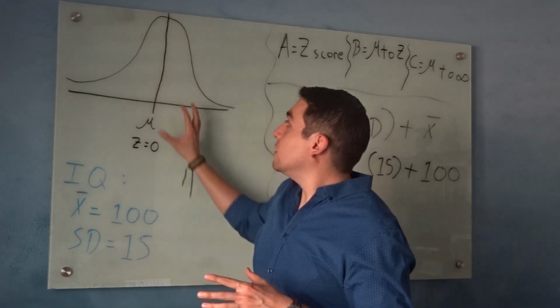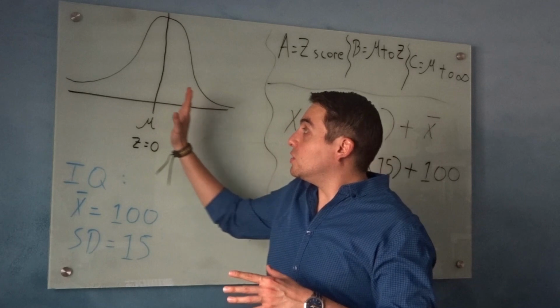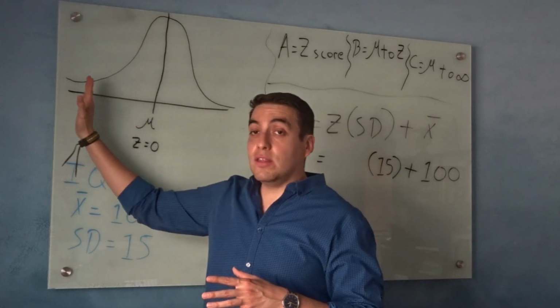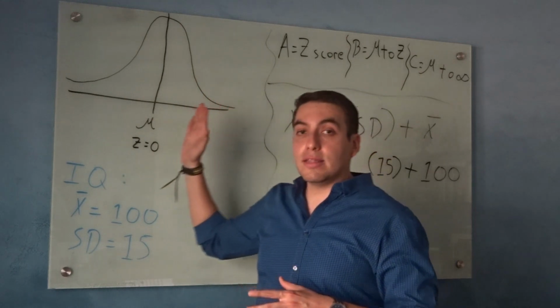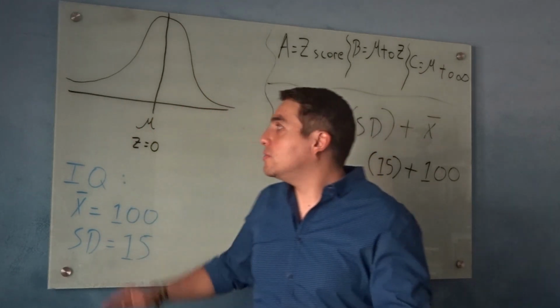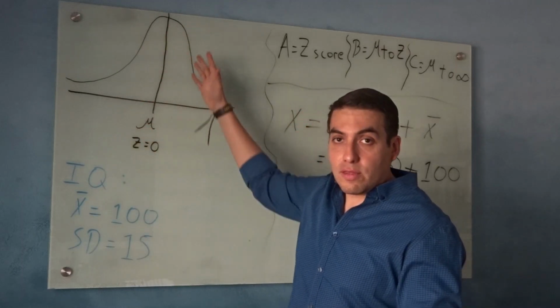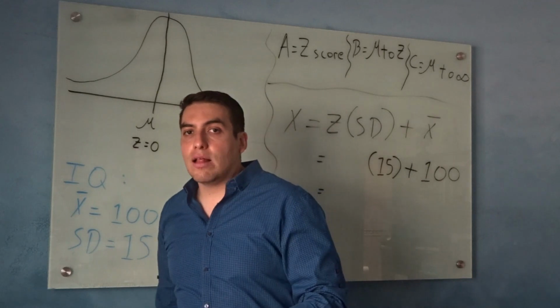Most scores tend to be in the middle, and fewer scores go at the ends. What you see on this end is the lower end, and over here is the higher end. The numbers on the unit normal distribution table are based on numerically how this looks. So we can use it to find a percentile.